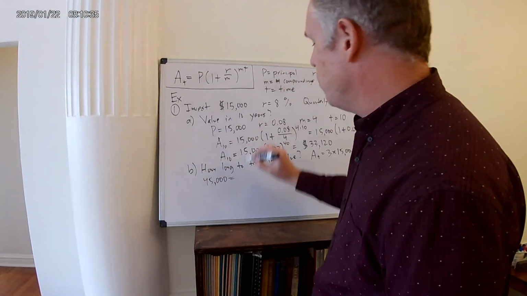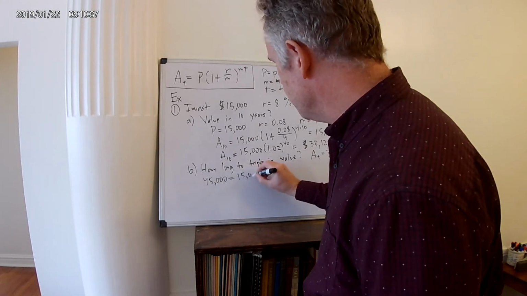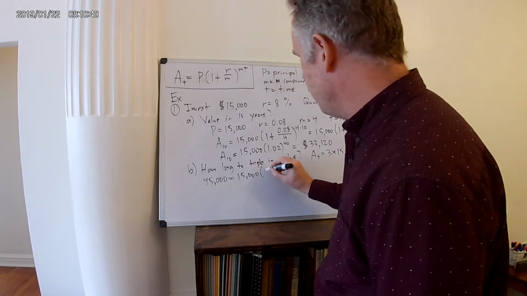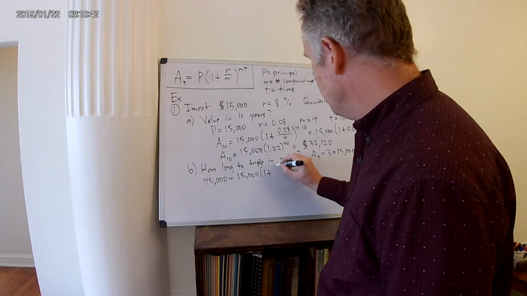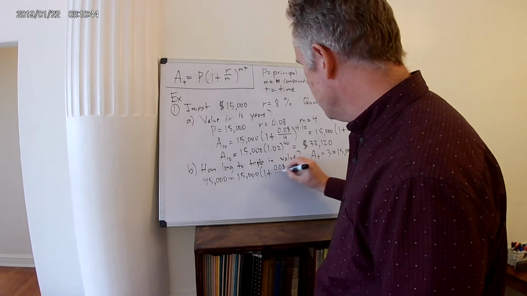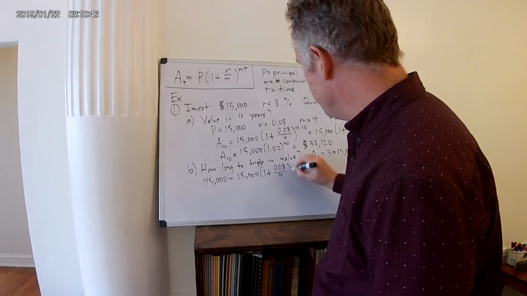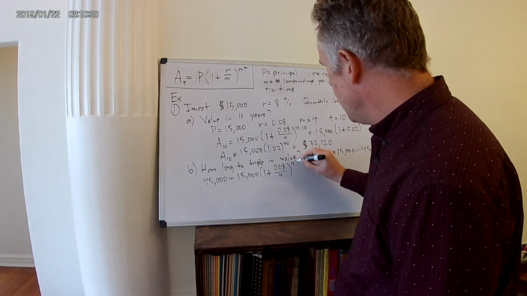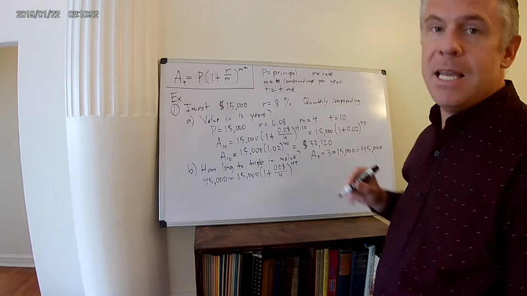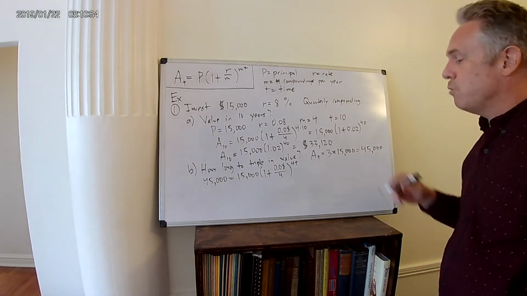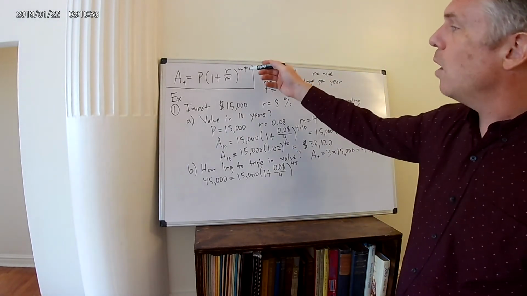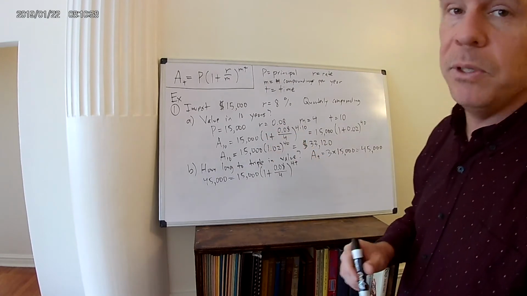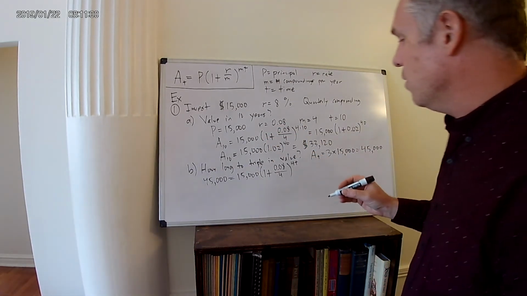The principal is $15,000, and then I have 1 plus my rate, which is 0.08 divided by 4. m is 4 compoundings per year. But now here's the thing, I don't know t. I'm trying to find t. I want to find how long it takes this account to triple in value. So this is my starting equation.